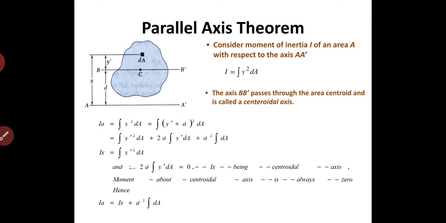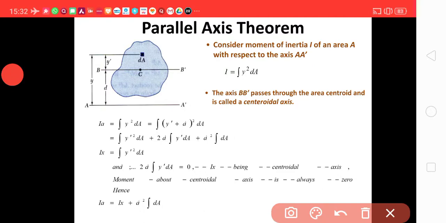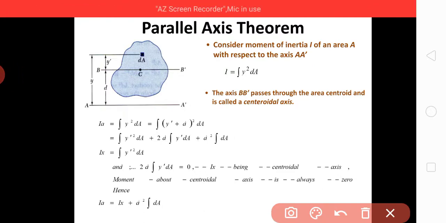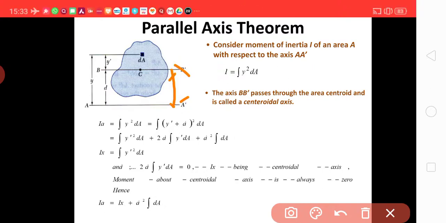Parallel axis theorem states that the moment of inertia of a section about an axis will be equal to the moment of inertia about its centroidal axis plus the square of the distance between the centroidal axis and the reference axis, multiplied by the area.